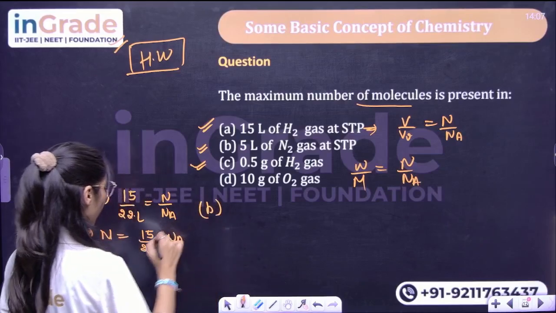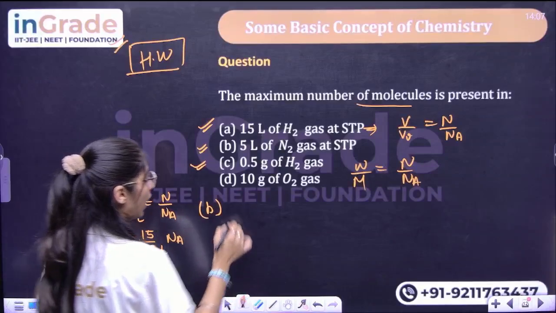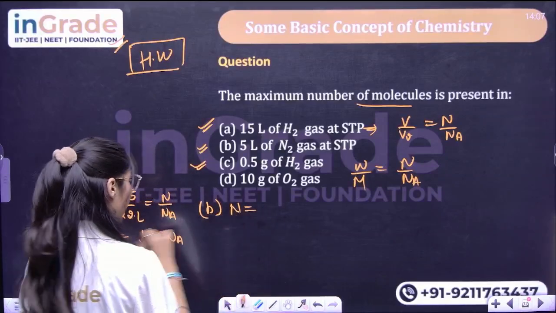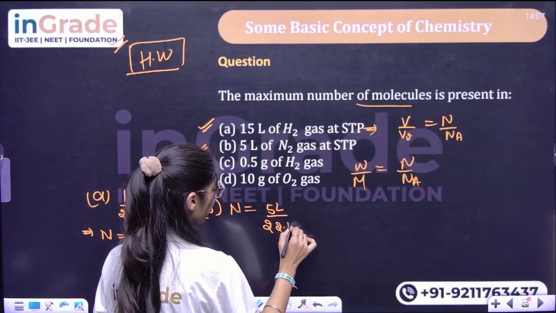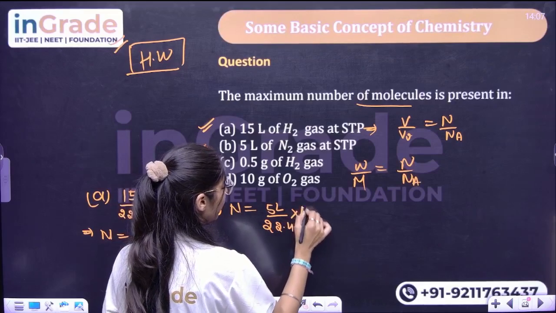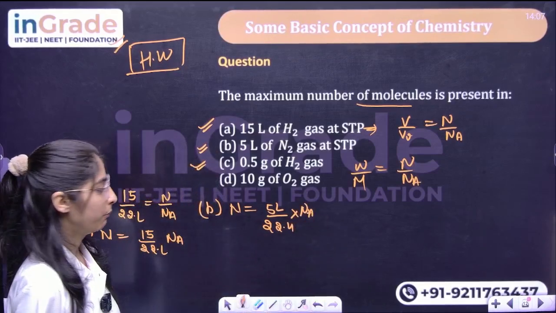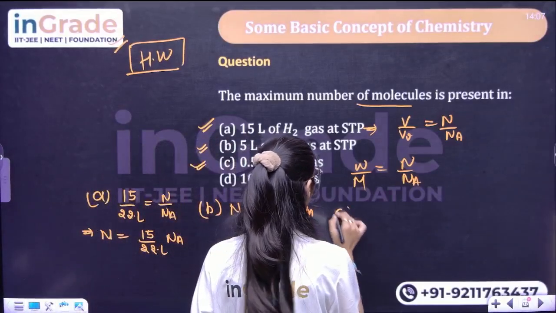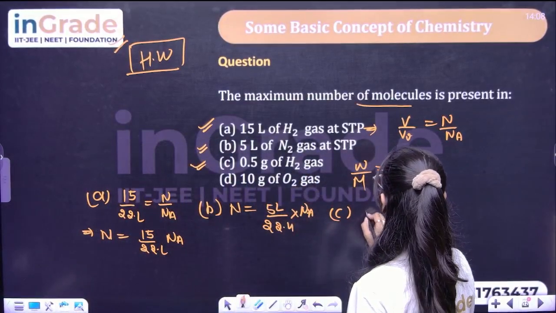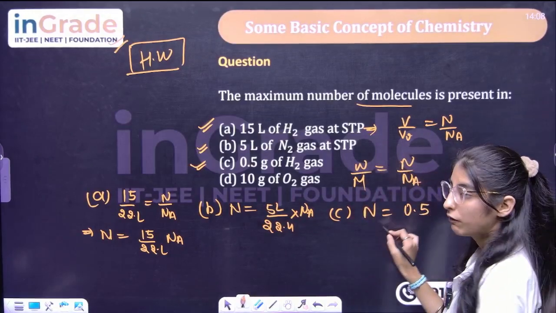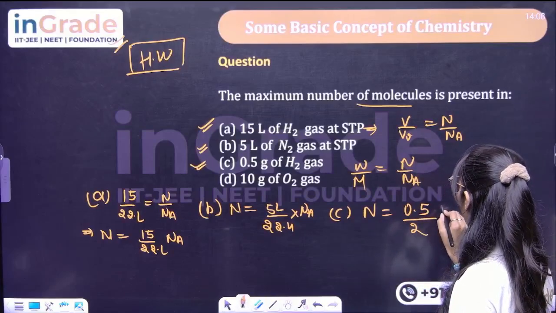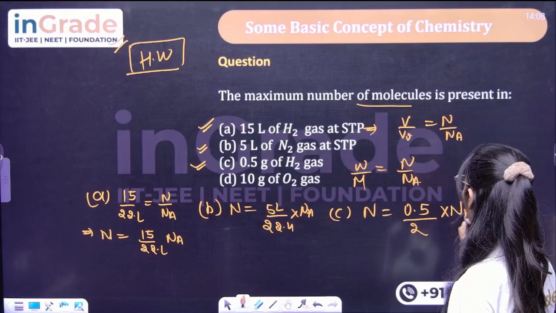For B, again I am going to use the same formula. I am writing it like this. So N will be equal to 5 liter divided by 22.4 liter, multiplied by Na. For option C, N is equal to the given mass 0.5 gram divided by 2, multiplied by Na.